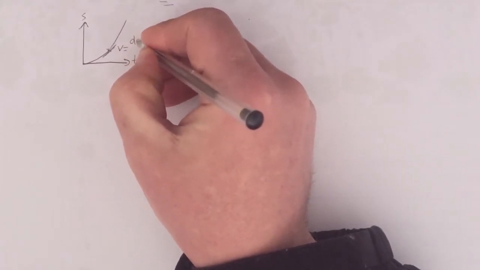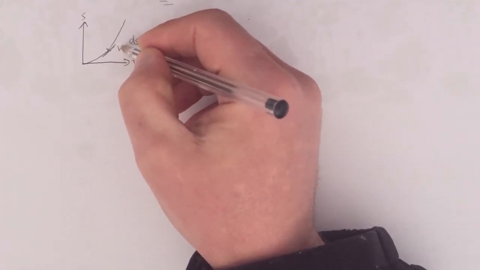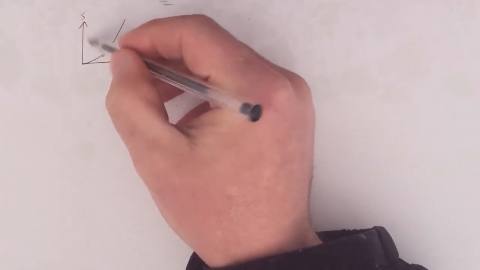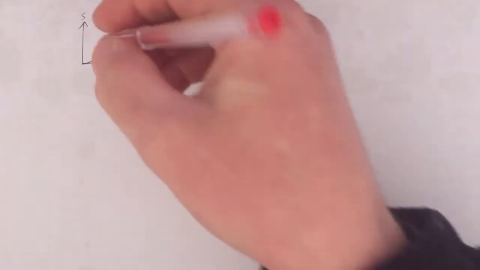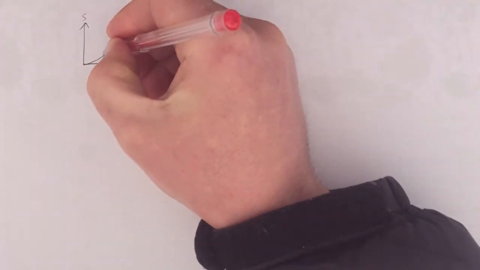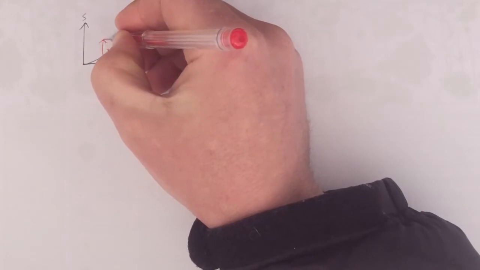But the way that we write it down is ds by dt, because the velocity is the rate of change of displacement with time. What that means in the real world is how rapidly is displacement increasing as we move along here.